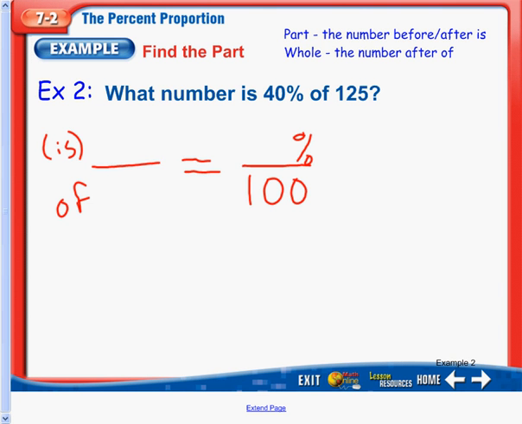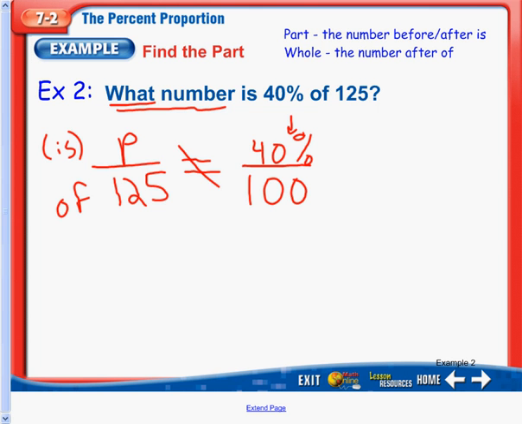That's why I put parentheses around it. So now we'll read it again. What number is 40% of 125? So I'm filling in 125 right there, right after my "of." And 40% is going to go right here next to my percent sign. And we're looking for our part because we have "what number." So I'll put P for part.